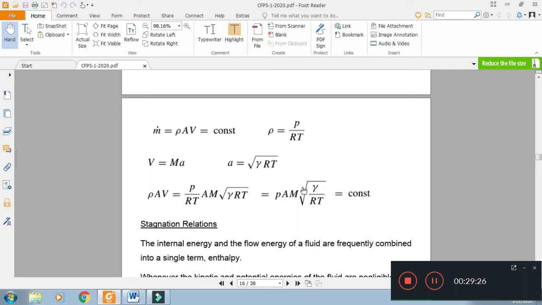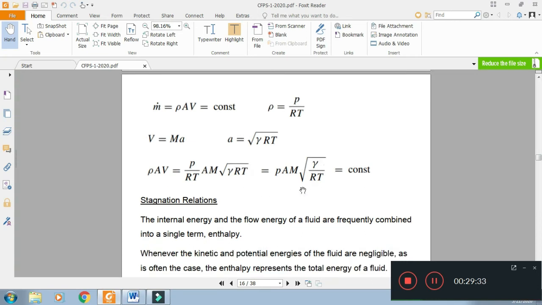So first is mass flow rate or continuity equation. In the continuity equation, rho is density. Density for the perfect gas is P over RT. According to the definition of Mach number, V is equal to MA. For the perfect gas, A is equal to square root of gamma RT. So we substitute rho equal to P over RT, and area is as it is.